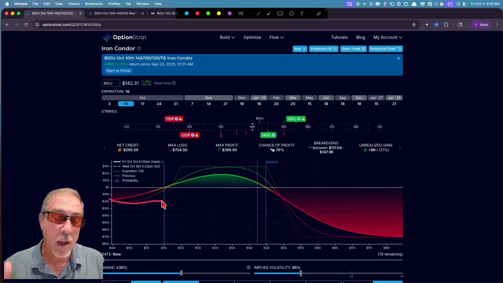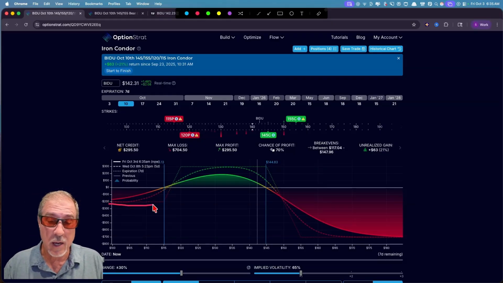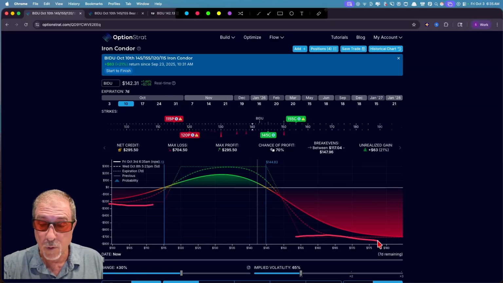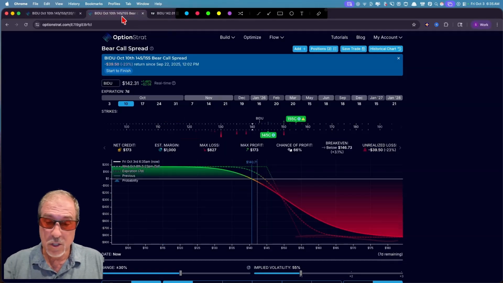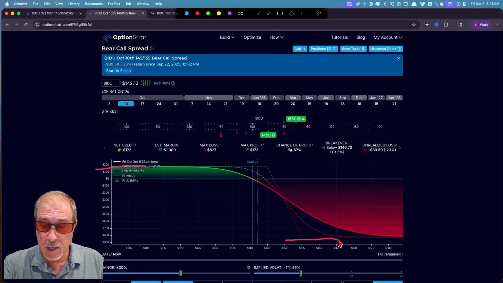I split my risk between the two sides, really. So now I had $200 in downside risk, which I did not have before, and my upside risk was about $700 versus no downside risk here and upside risk of about $900.